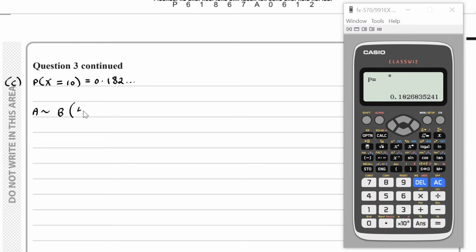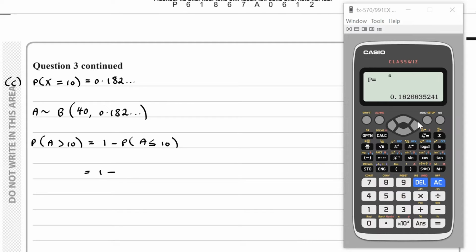Okay, and with scheme A, we can model that with a binomial distribution. We have 40 in our sample. Our probability, we just worked that to be 0.182, etc. We're looking at here the probability that A is greater than 10, which is the same as 1 minus the probability that A is less than or equal to 10.